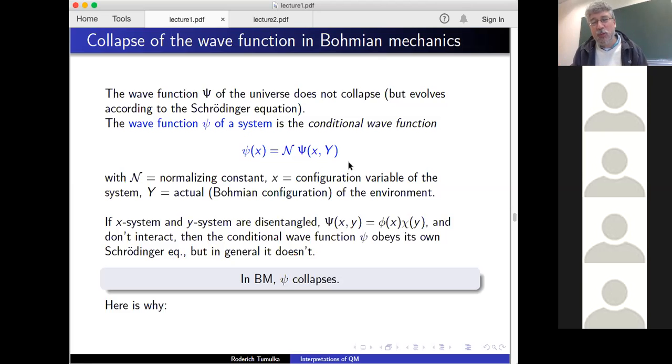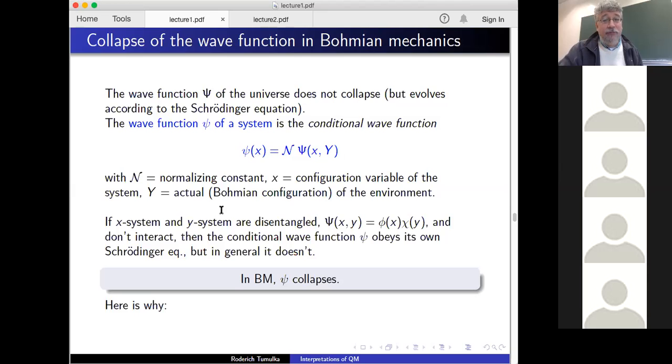And lowercase x and y are the variables in psi. Now, putting a capital Y here means inserting the actual configuration. This is an operation that you couldn't do in orthodox quantum mechanics, but you can do it in Bohmian mechanics. Okay, then you put a normalizing factor here in front. This thing is called the conditional wave function of the subsystem, the X system.